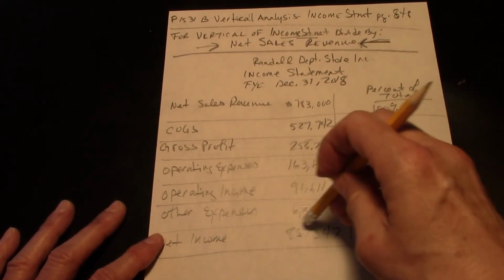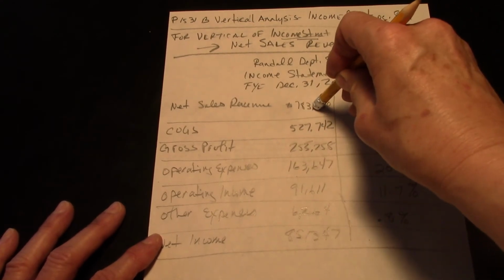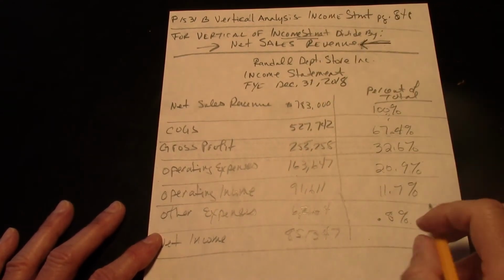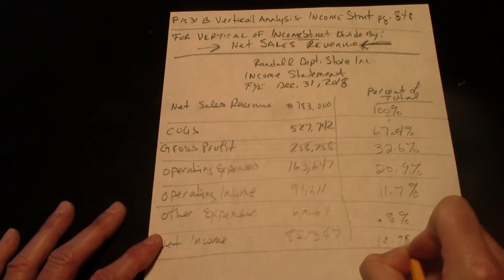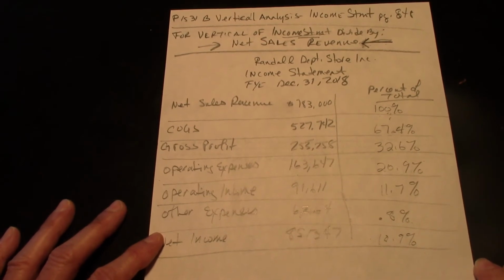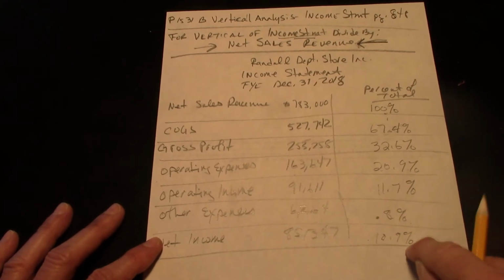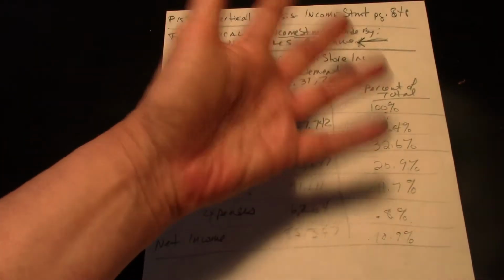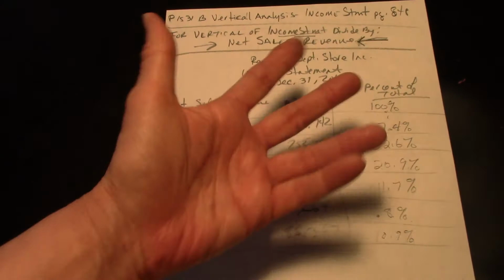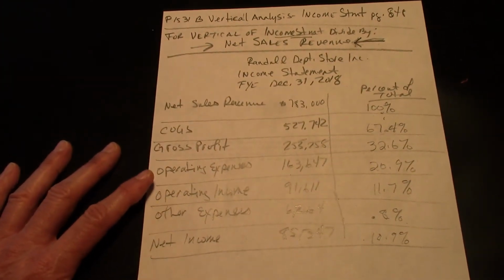Net income 85,347 divided by 783 is equal to 10.9%. In your calculator that would look like 0.109. So make sure you know how to translate decimals into percentages. I guess that's from math a pretty long time ago, so you might have forgotten that.